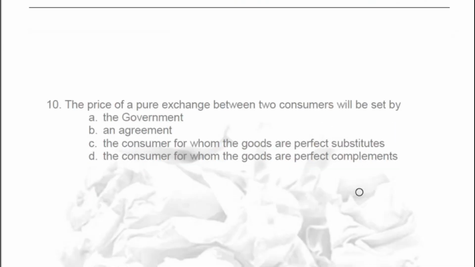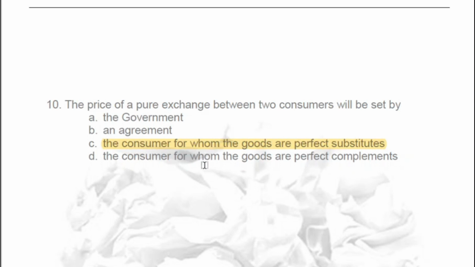Now, the last one before a little break. The price of a pure exchange between two consumers will be set by, be careful, the price of a pure exchange. The price will be set by the government? No. By an agreement? Well, no. It's an agreement between both of them, but the consumer for whom the goods are perfect substitutes will set the price, if there exists such a consumer.